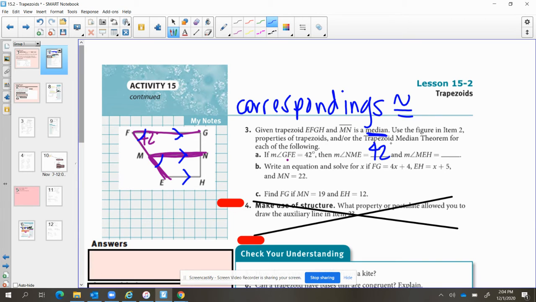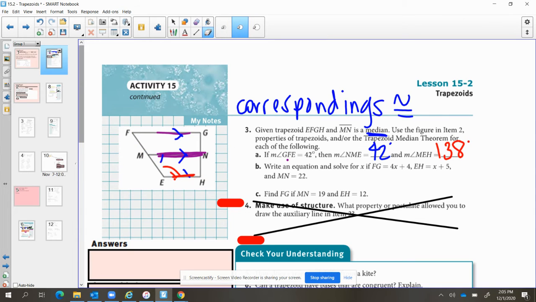So this one would also have to be 42 degrees. Now, MEH is this angle right here, and that is same side interior to our given angle, so we know those are supplementary. That would have to be 138 degrees based on that relationship.